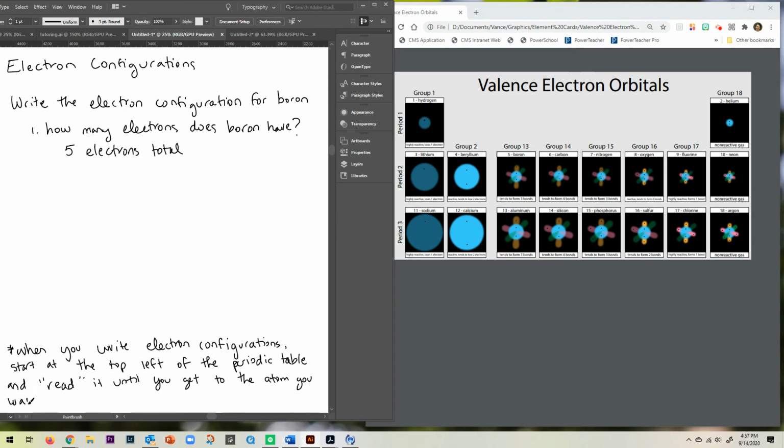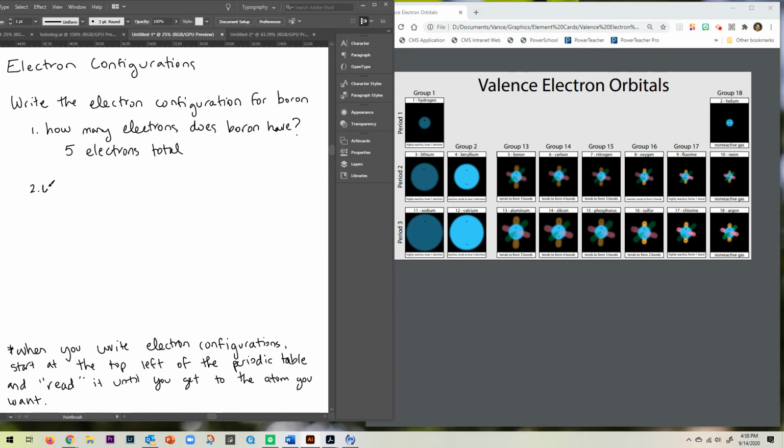Let me just show you what I mean by that. Okay? So it says start at the top left, that's hydrogen. So I know that the first electron that I want would be in that s orbital, right? It's in the first period, my first energy level. So here's what I would do.